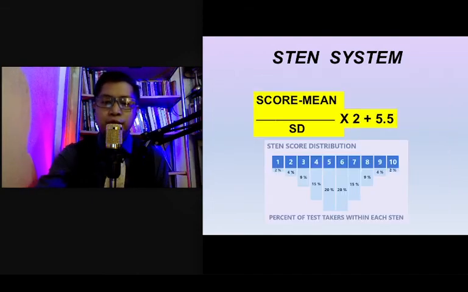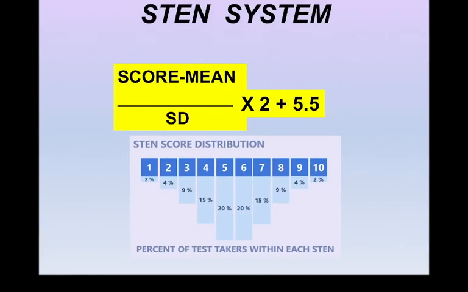Pero for those of you who are asking, ano ba ang formula ng STAN? That's score minus mean divided by standard deviation. So parang kukumpitin mo lang yung z-score. Kailangan alam mo yung score, syempre, alam mo rin yung mean ng population. Pero ito, kakaiba, no? Dahil after mong kumpitin to, score minus mean divided by SD, imumultiply mo sa 2 plus 5.5. Saan nanggaling yung 2? Yung 2 dito, ipagpapalagay natin na standard deviation yan.